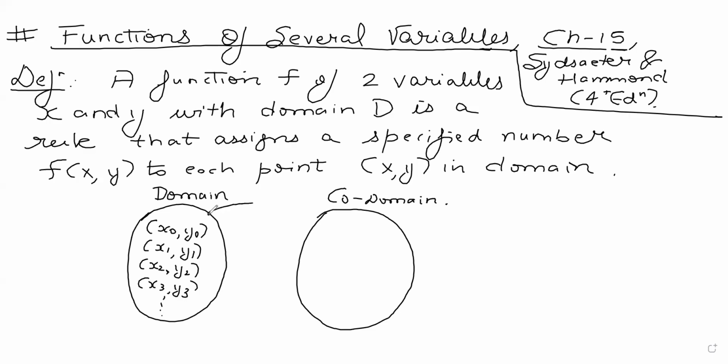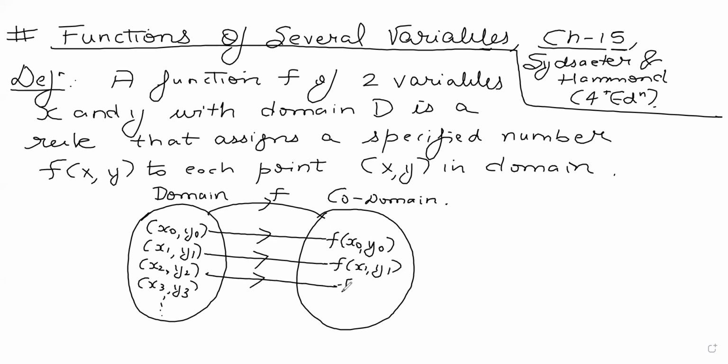And now my function is f. So (x0, y0) will be mapped to f of (x0, y0). (x1, y1) will be mapped onto f of (x1, y1). (x2, y2) will be mapped onto f of (x2, y2). (x3, y3) will be mapped onto f of (x3, y3), and so on. So now my domain is going to consist of ordered pairs.